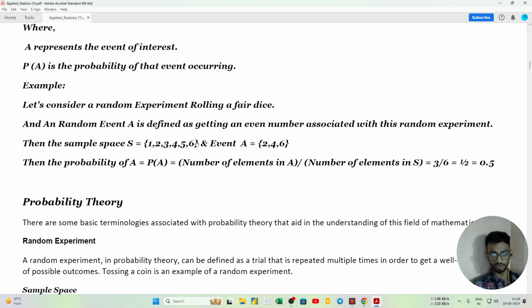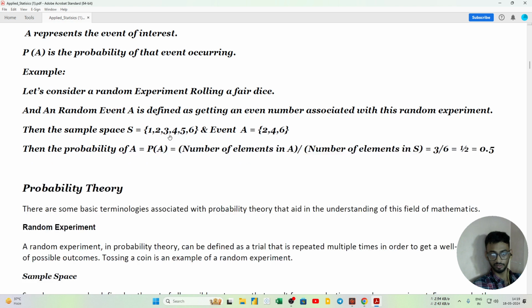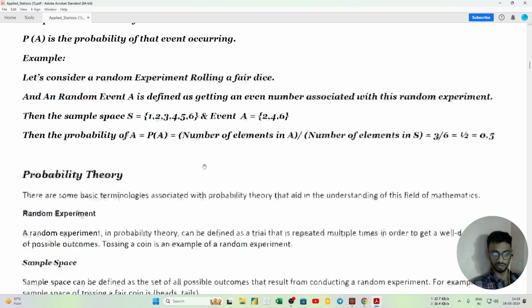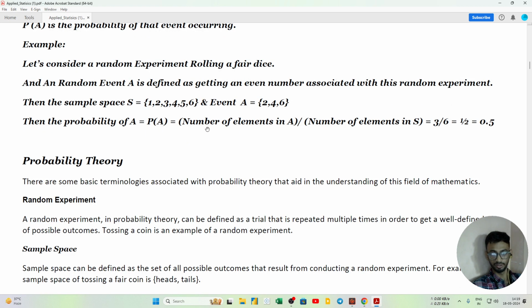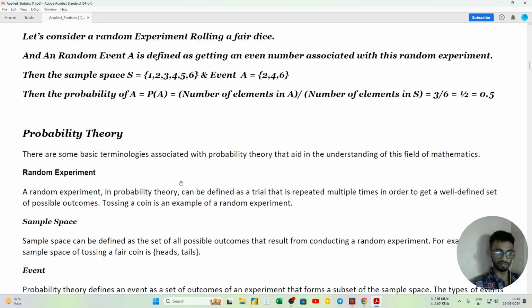These are all the possible outcomes after rolling a fair dice, and the event is 2, 4, 6 because I have defined the event as getting an even number. So P(A) equals the number of elements in A, which is 3, divided by the number of elements in the sample space, which is 6. So it is half, 0.5 or 50% probability.